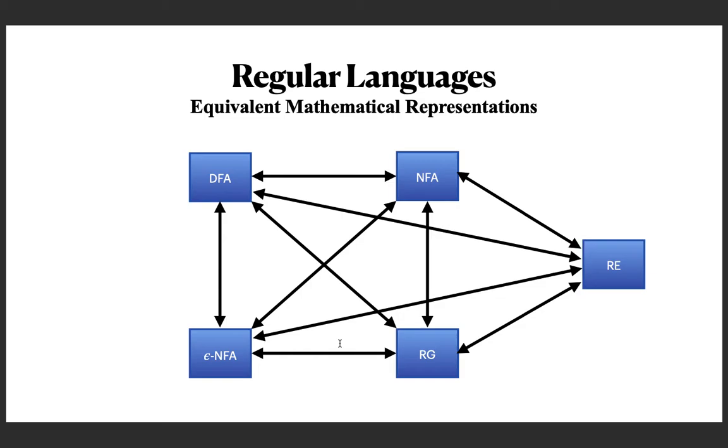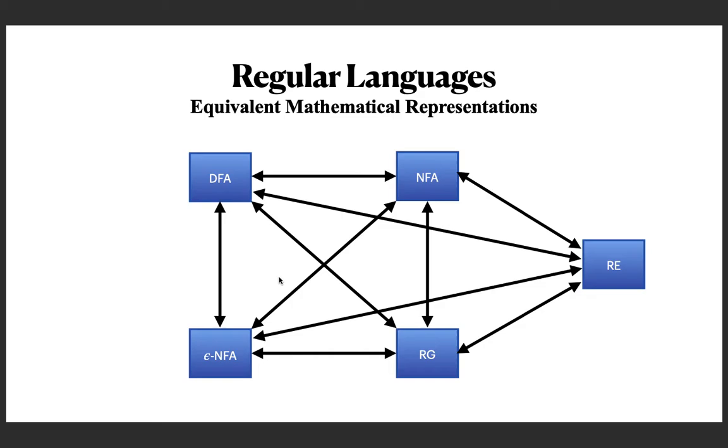We saw that all these representations are pairwise equivalent, meaning given one of the 5 representations, say an NFA, we can use an algorithm to obtain any of the other representations.